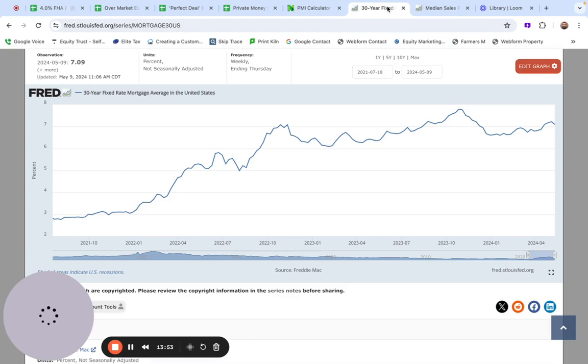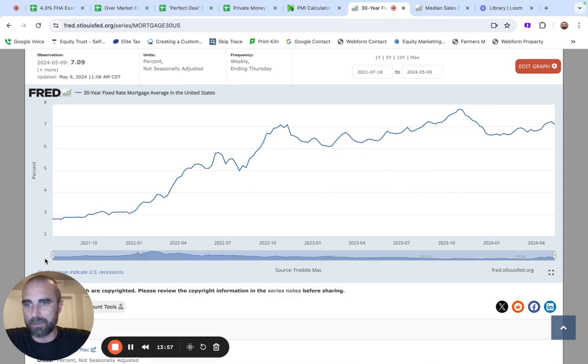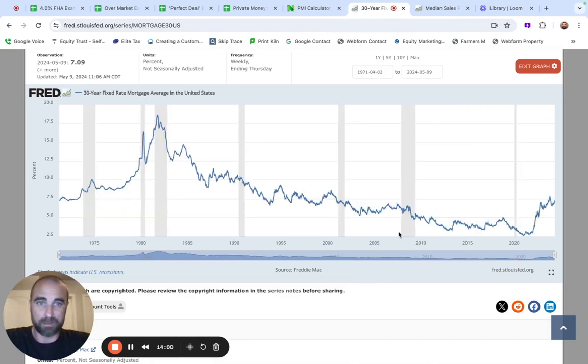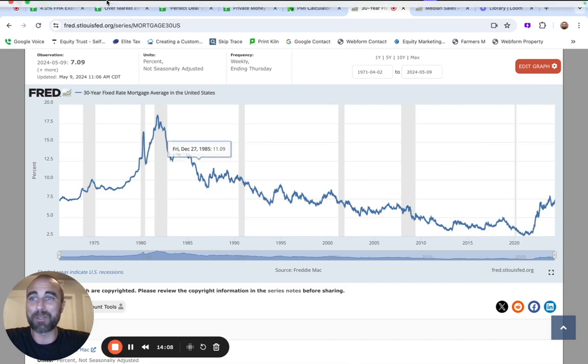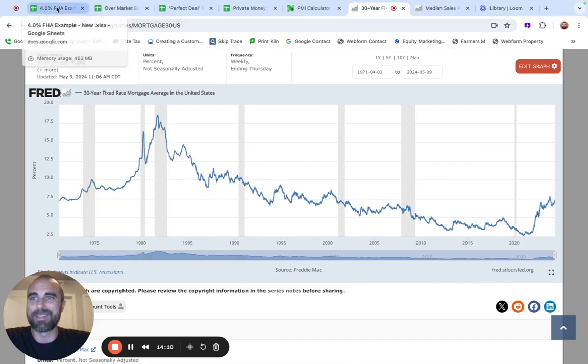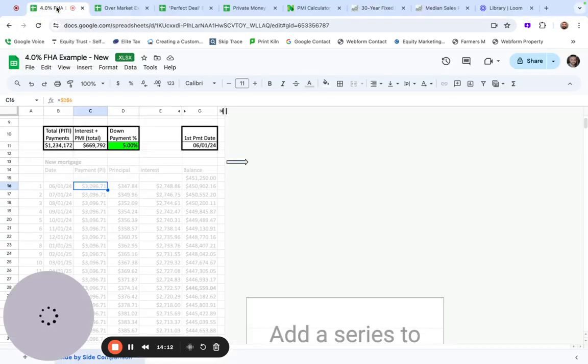A couple months ago, the National Association of Realtors, which took a little bit of heat recently, did a study. The average interest rate over the last 50 years, 7.74%, which is pretty close to where we are right now. So as much as we like to think that rates are high, historically they're average.